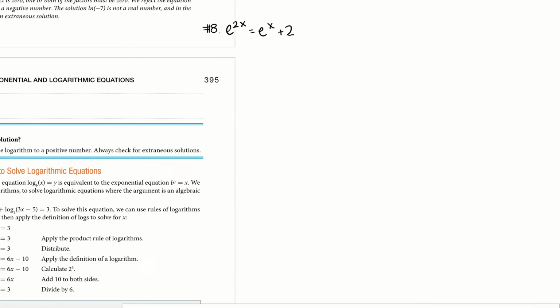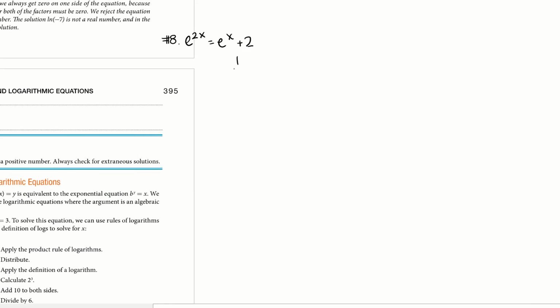Okay, 2 ways to do this. First way, I'm going to rewrite it. e^(2x) minus e^x minus 2 equals 0.